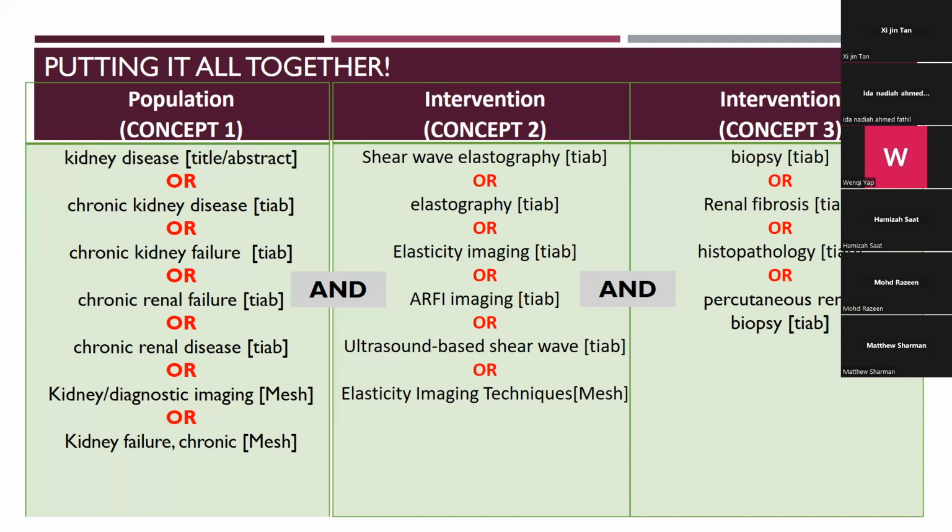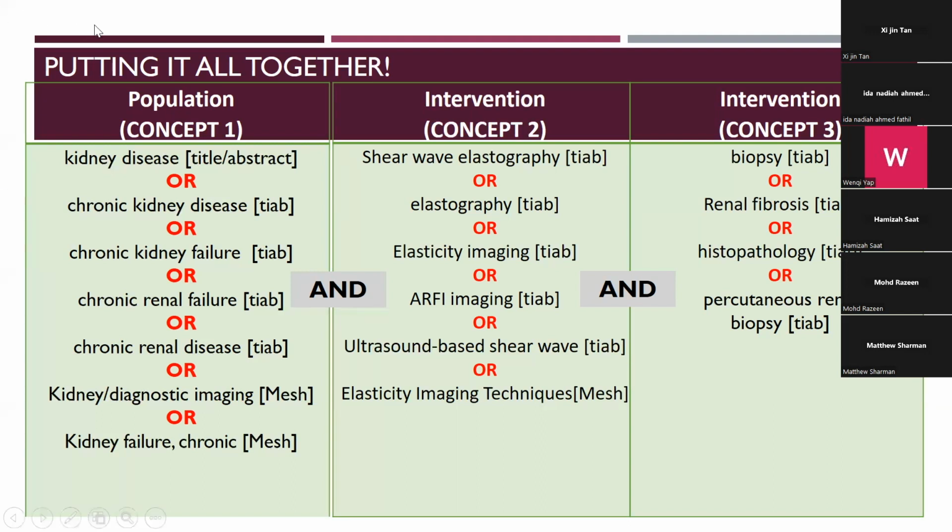So in that particular result, you will have at least kidney disease, something about shear wave elastography, and also something about biopsy. That's why your search results will be very specific. It's not going to be everywhere anymore. It's going to be very nicely captured, including all these three concepts. So I think this part is clear.